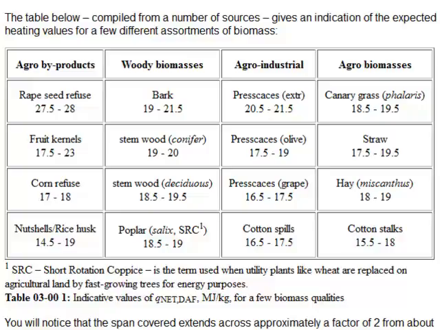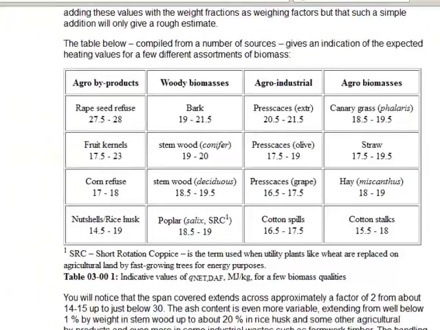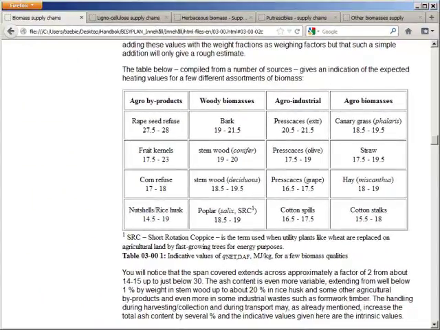Agro-fuels such as herbaceous biomass, like canary grass or straw, hay, will typically have fairly low heating values. So the values in this table are only indicative values. They only give rough intervals, but they indicate the order of magnitude of the heating values for the dry and ash-free substances of a number of different biomasses.